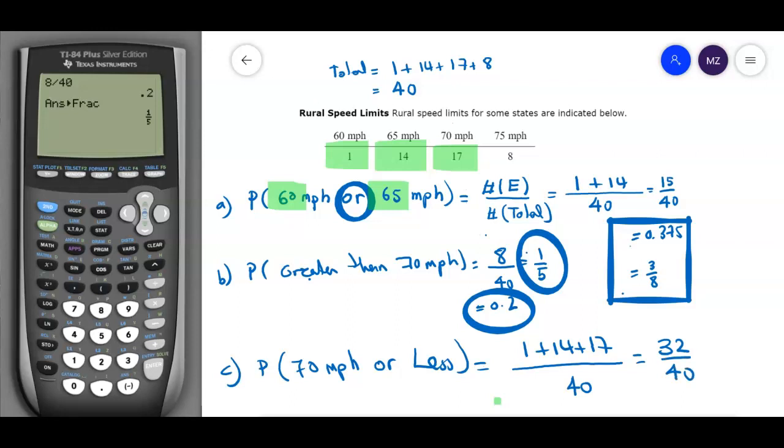Again, this has to be reduced or calculated as a fraction. Let's insert it in the calculator: 32 divided by 40. Enter. It's going to be 0.8. Or I can transform it to a fraction: math, fraction, enter, enter again. That's going to be 4 over 5.